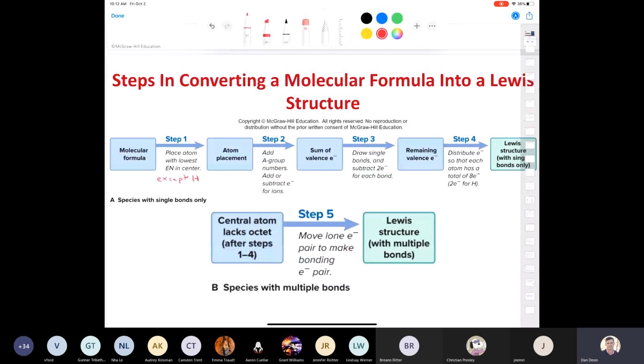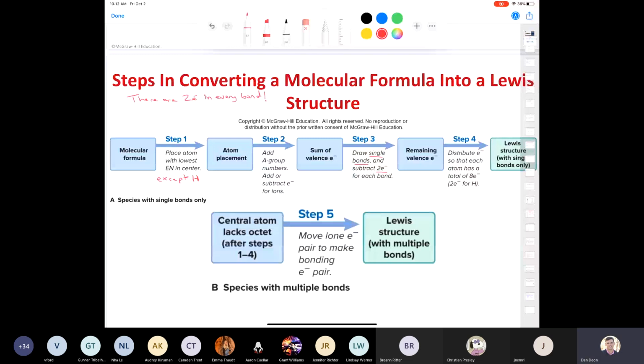Then you draw single bonds, and remember that each single bond represents what? 2 electrons. There are 2 electrons in every bond.